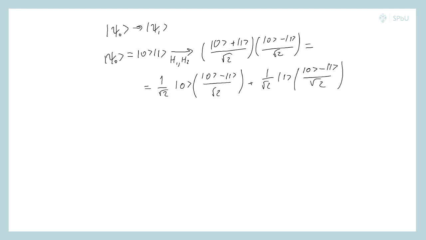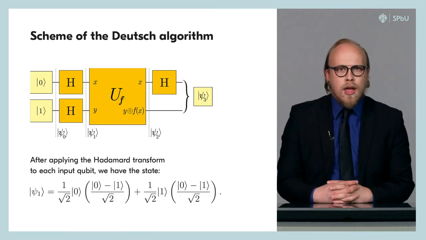For us, that form of the qubit state will be the most convenient. So, after the Hadamard transform over each bit of this input, we get the state psi1, which will be equal to an equiprobable superposition of the state 0 minus and the state 1 minus.